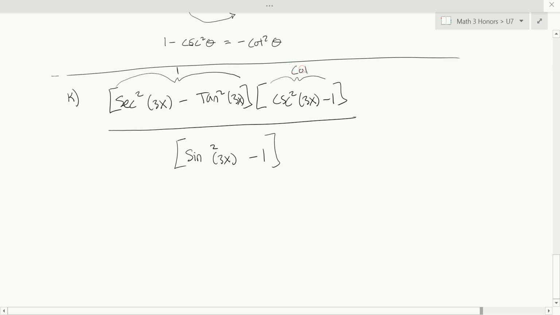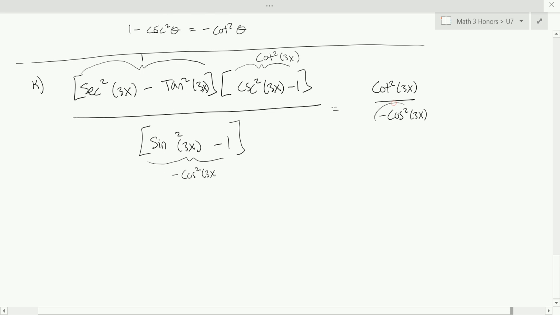It's cotangent squared 3x. And then sine squared minus 1 is negative cosine squared 3x. So this thing simplifies down to the cotangent squared of 3x over the negative cosine squared of 3x.